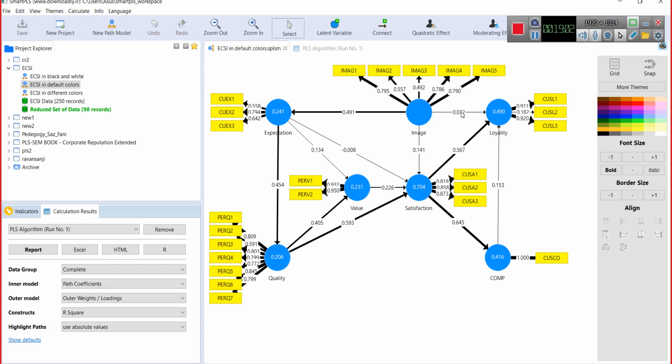But for theory testing, this kind of modeling is not so relevant.